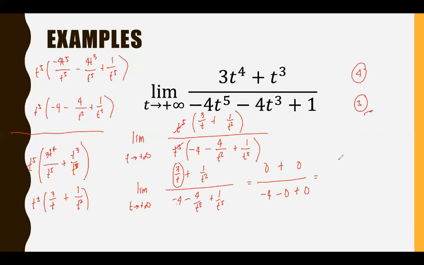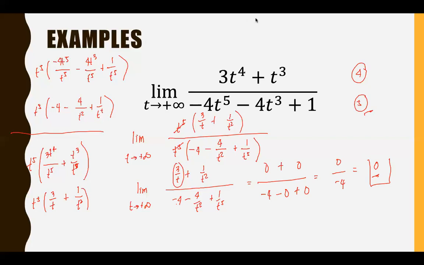So if you simplify, 0 plus 0 is 0, over negative 4 minus 0 plus 0, which is negative 4. 0 over negative 4 is equal to 0. So the answer is 0. All right, so that's for that example.